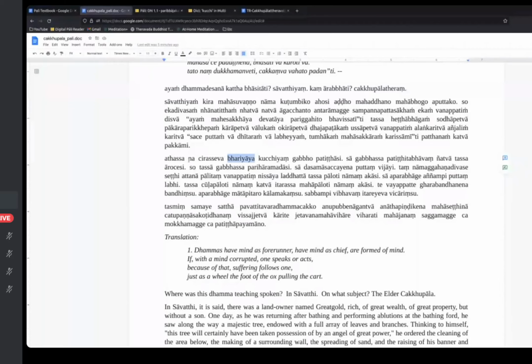And how do we do this one? Na. That is a negation. Yeah, except it's weird. So eva we can pull off. Eva is just emphatic. Chiras. I think this is a locative absolute, or a genitive absolute, I can't remember the term, but this is a subclause, and this isn't a very good example of it.